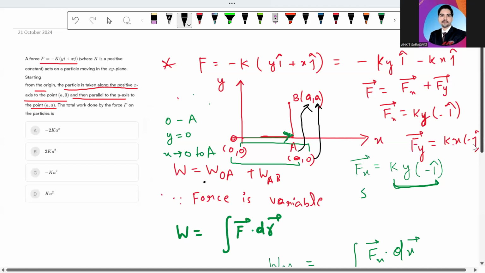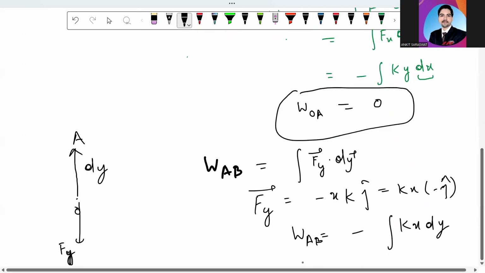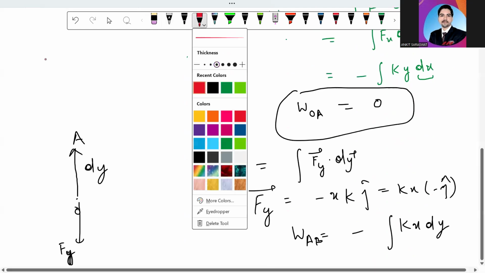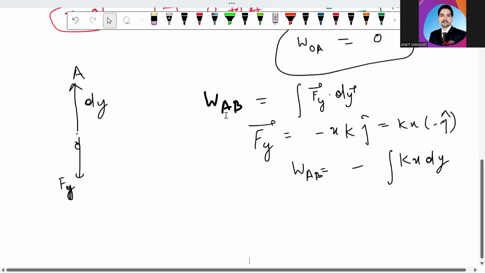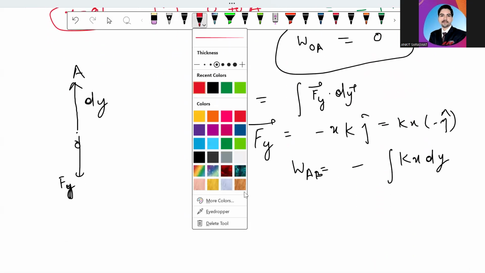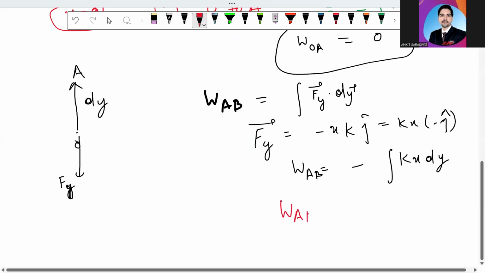So along AB, x is constant, its value is a, but y is going to vary from 0 to a. Clear? So what should I write? W_AB is minus integral y equals 0 to y equals a, x is a, dy.